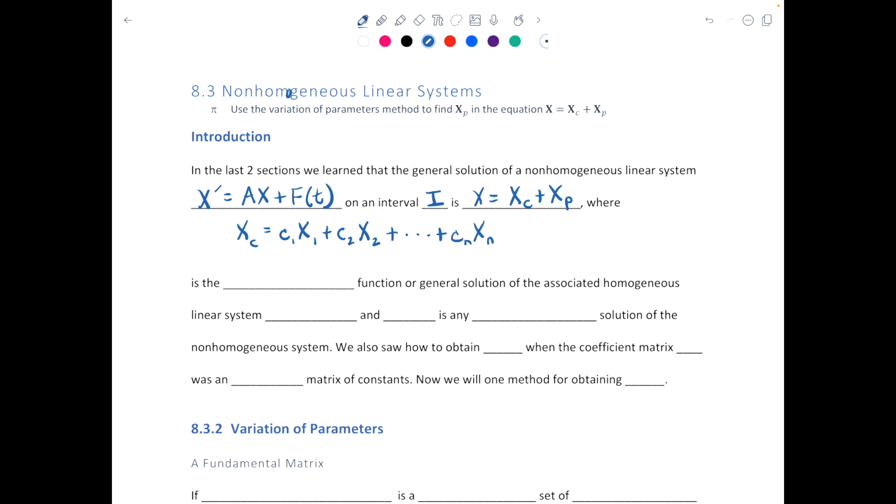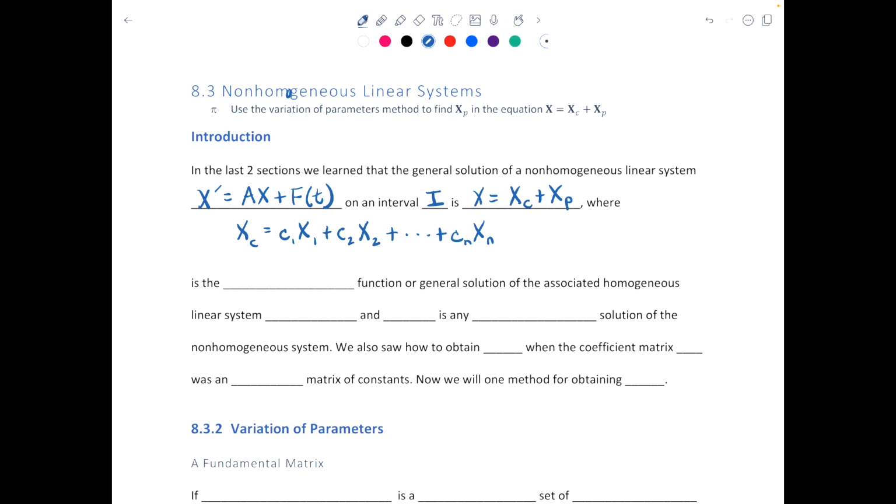All right? And the way that we find all these things is via the methods in 8.2, where we find the eigenvalues and the eigenvectors to find xc.